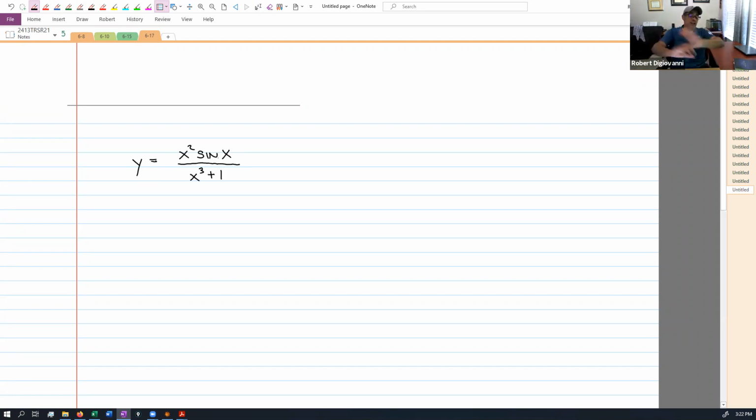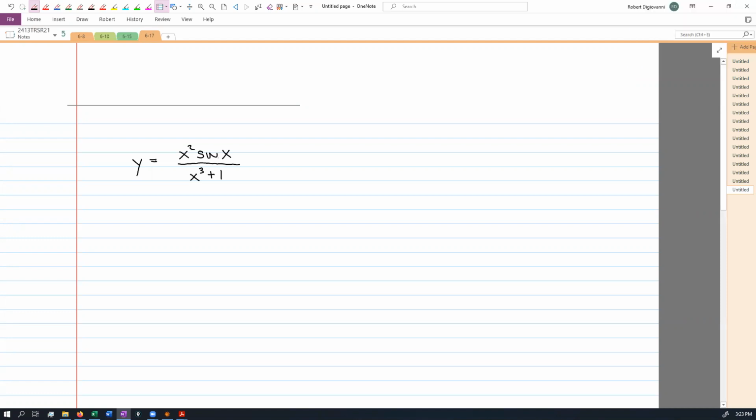All right, let's just look at it first and think about it. So what do you see? Because it's very important in a class like this for you to see what you're working with, because you can't do anything unless you see physically what's in front of you, so you know which path to go down. So what are y'all seeing? I see the x squared being multiplied with the sine x on the numerator.